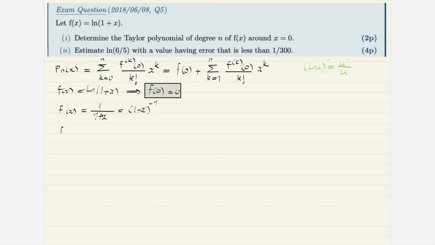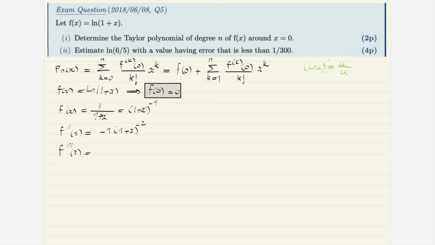Okay, so let me calculate the second derivative now. So what happens? This minus 1 goes down, and then this will be minus 2. Then I have to multiply by the chain rule by the derivative of 1 plus x, but fortunately the derivative of 1 plus x is 1, so what I have to do is just write minus 1, 1 plus x to power minus 2. Let me calculate one more. So f triple prime of x.